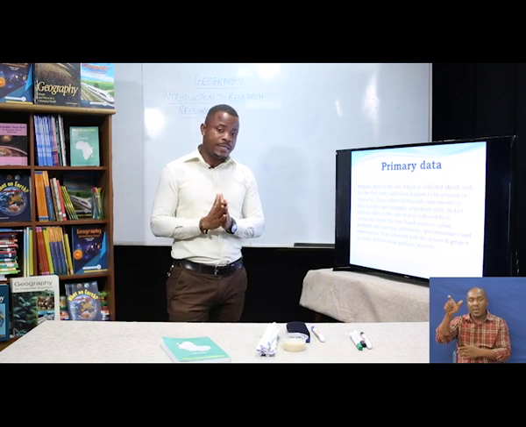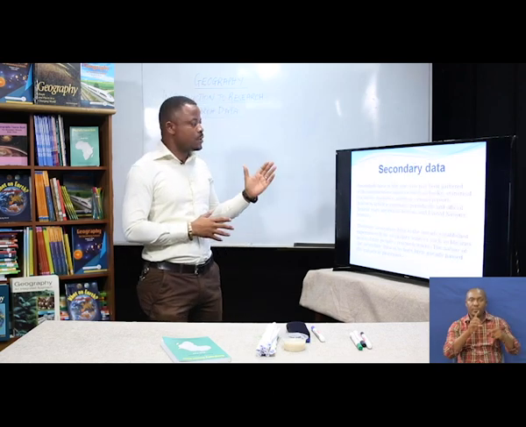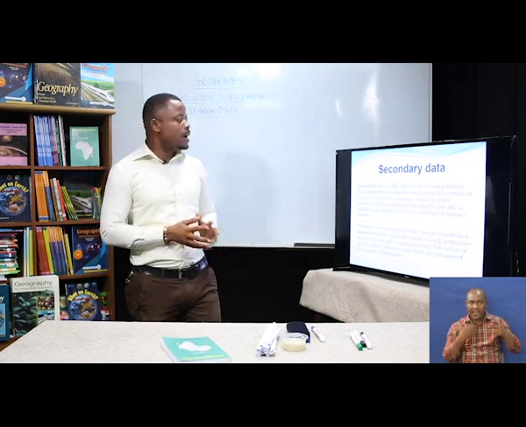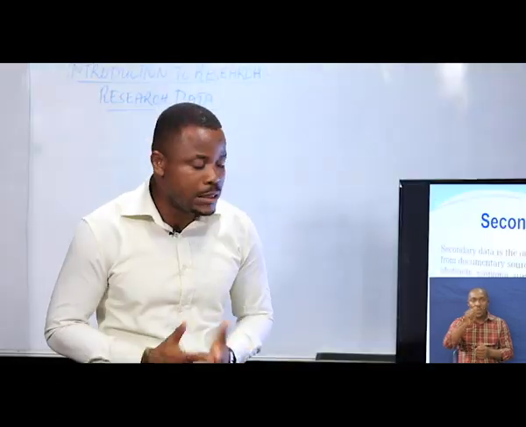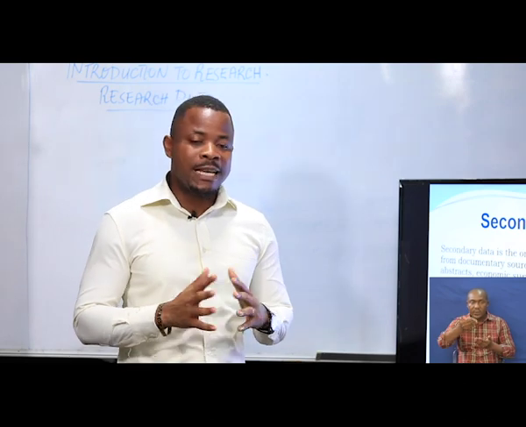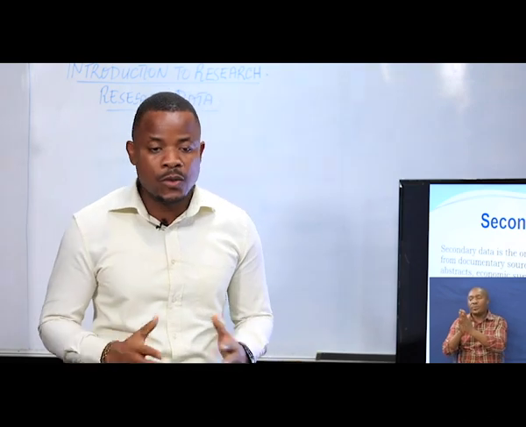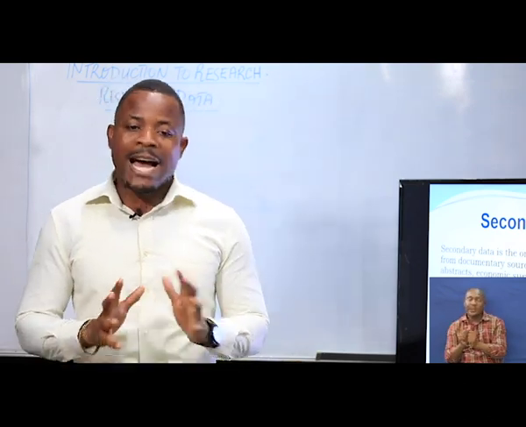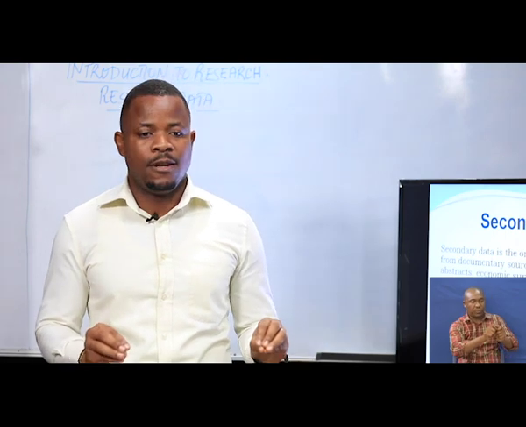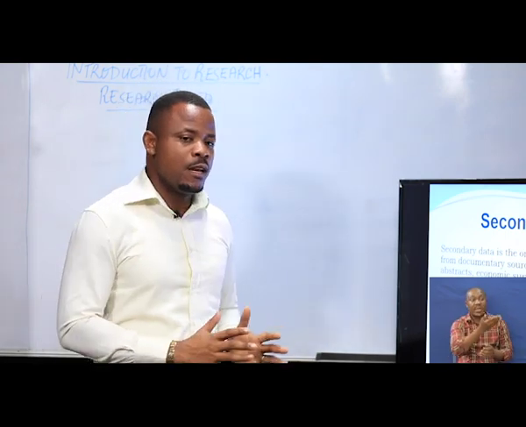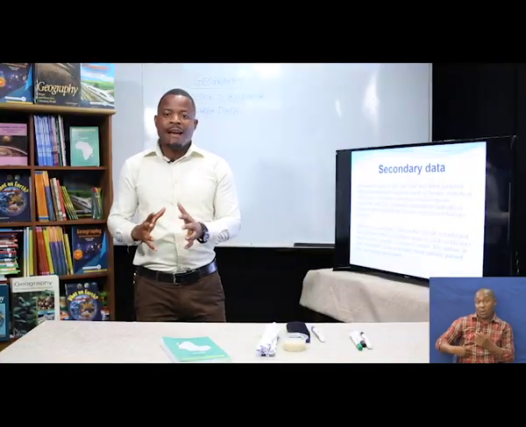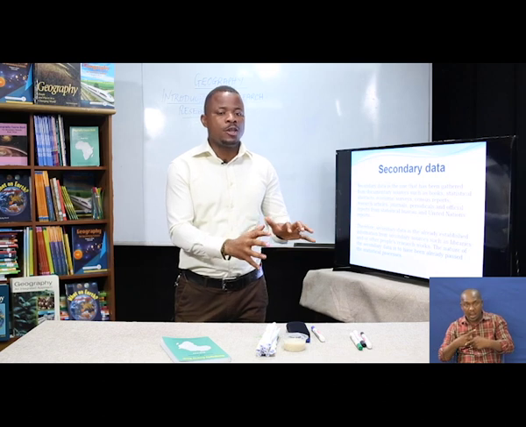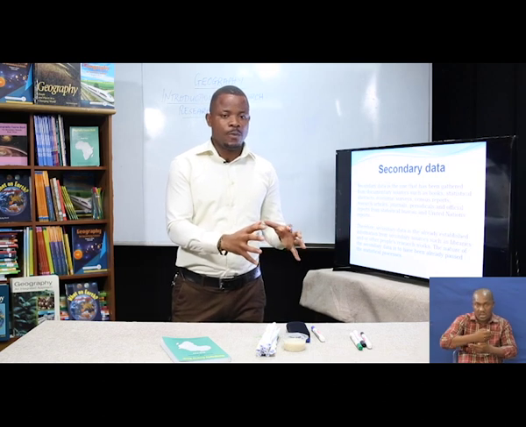Another type of research data is secondary data. These are data that have been gathered from documentary sources such as books, articles, journals, and other written sources. In other words, secondary data is research data gathered from sources that have already been prepared or collected already.